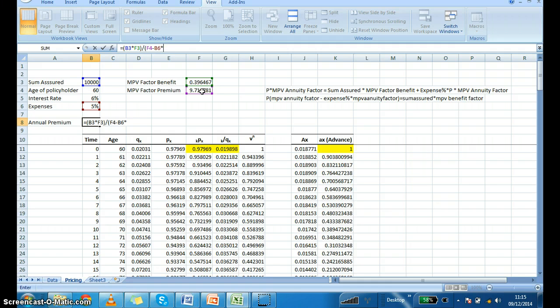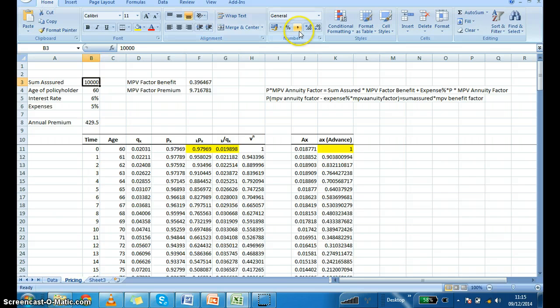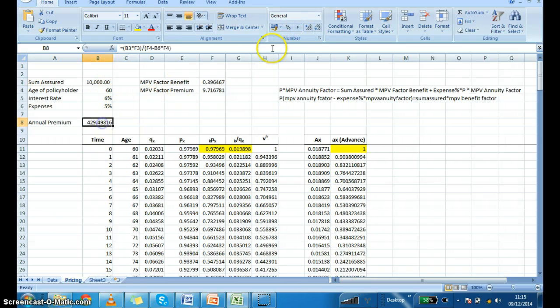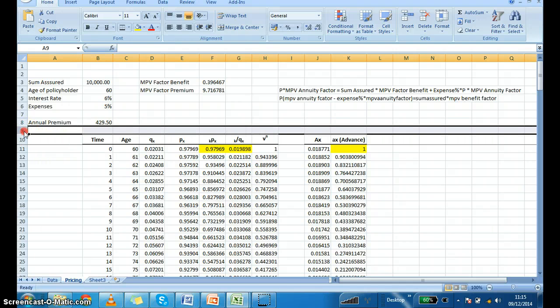By annuity factor I mean the premium factor. Okay, so the annual premium to be paid by the policyholder is 429 units each and every year, at the beginning of the year.